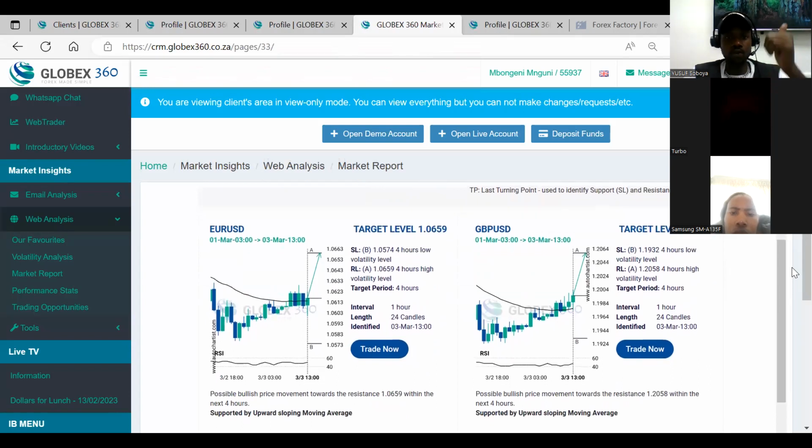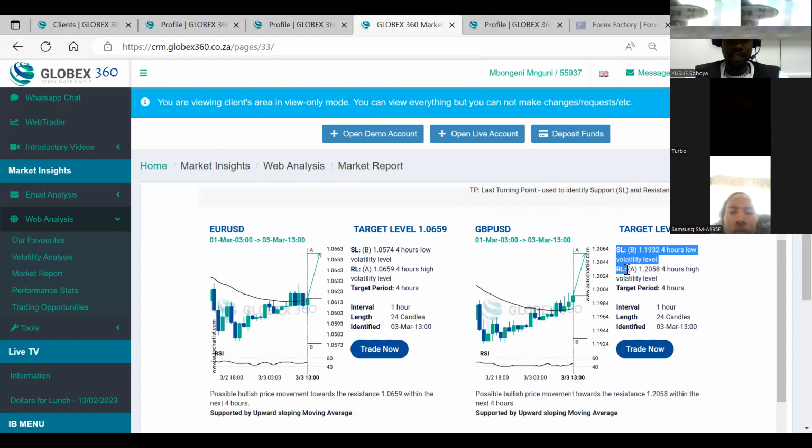The report gives you what is hot: Euro USD, anticipated to spike all the way up, the target level 1.0659. GBP USD, again anticipated to go all the way up. It shows you SL, stop loss, and target period.